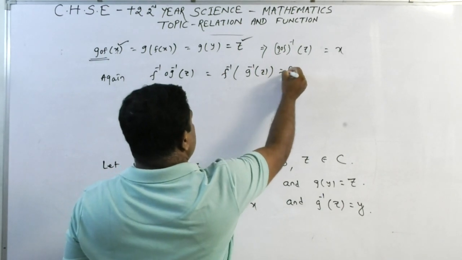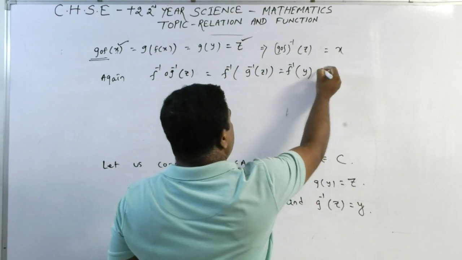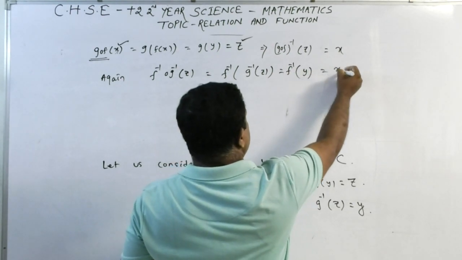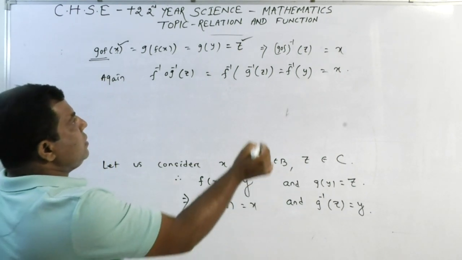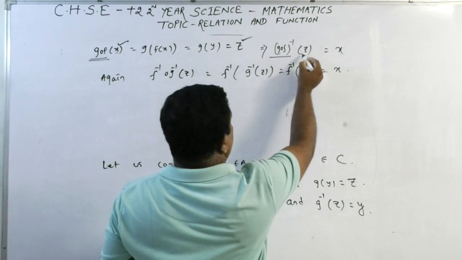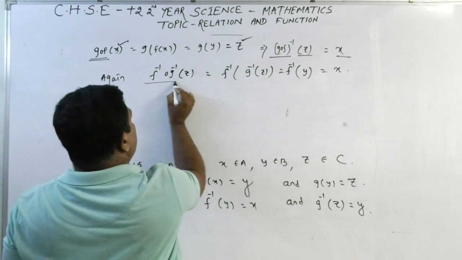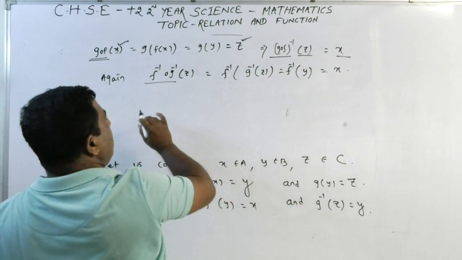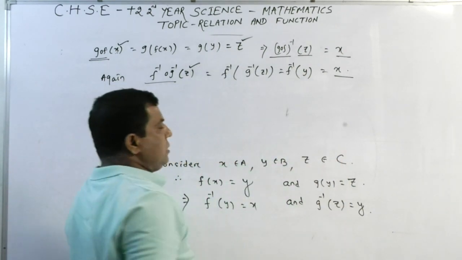And it is equal to f inverse of what is g inverse z? We can write it y. And what is f inverse y? It is again x. So you see, my dear students, the inverse function (g∘f) inverse is converting z to x. This composition f inverse operated on g inverse is also converting z to x.